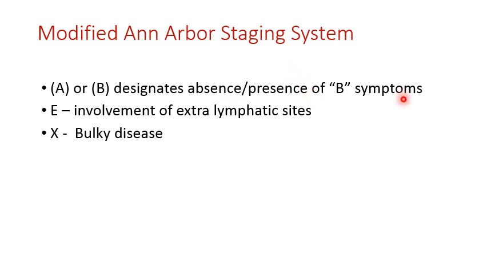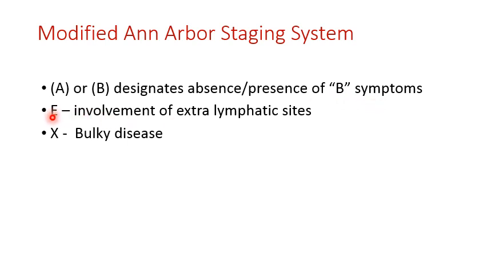So if this patient, in addition to this lymph node involvement, has B symptoms, that is called stage 2B. If no B symptoms, you know what B symptoms are now, that is 2A.